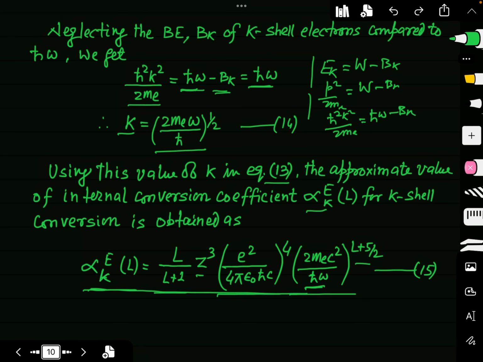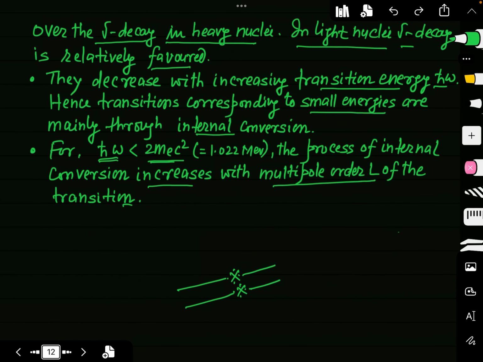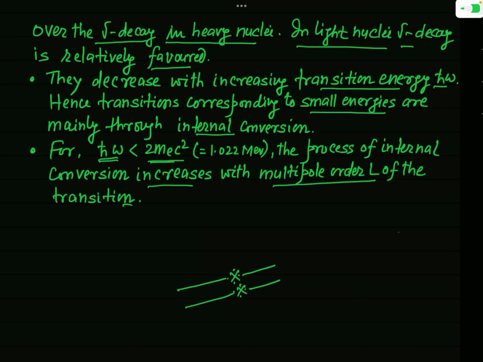So this is another remarkable fact. I have mentioned that if h bar omega is less than this much, the process of internal conversion increases because the value of alpha will increase with the multipole order L of the transition. So these were some of the important facts which we have obtained from the result for alpha.